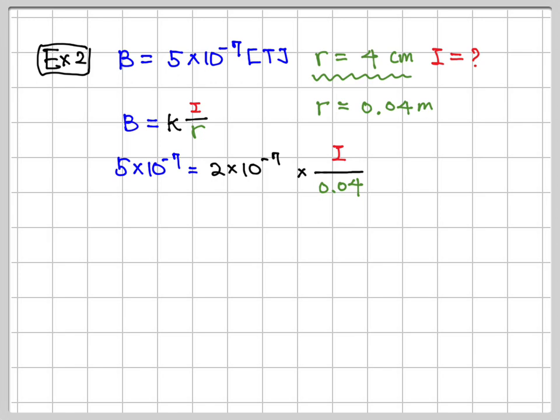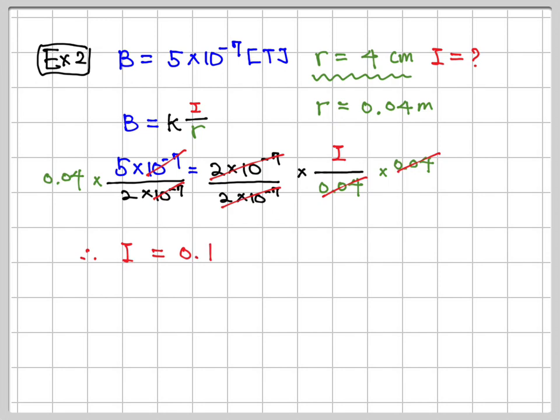In order to get I by itself, we divide both sides by 2 times 10 to the power of negative 7, and we can cancel them out. To get I by itself, we multiply both sides by 0.04. Then we can also cancel out the 10 to the power of negative 7 and use a calculator. You will get 0.1 ampere.